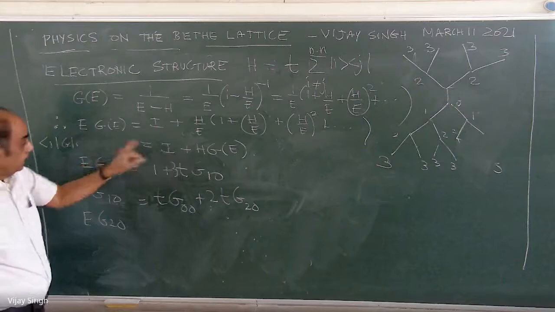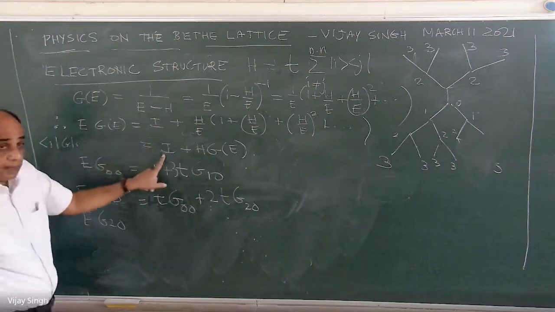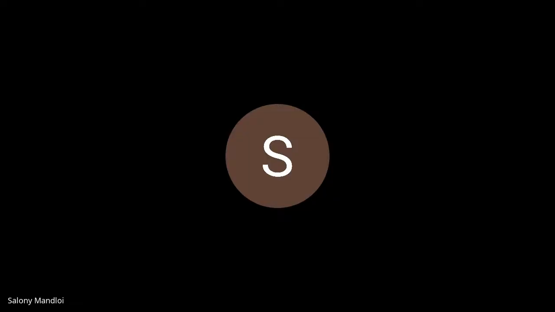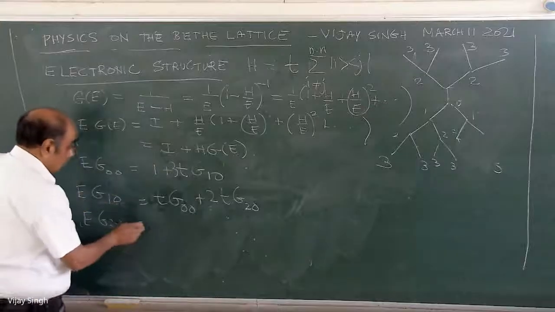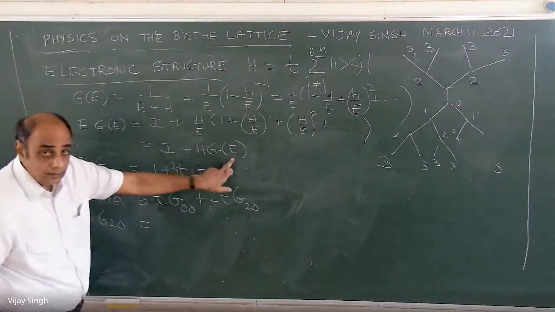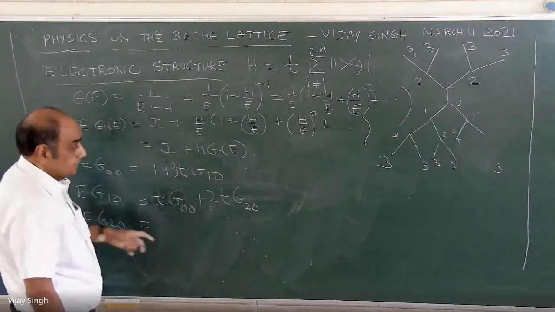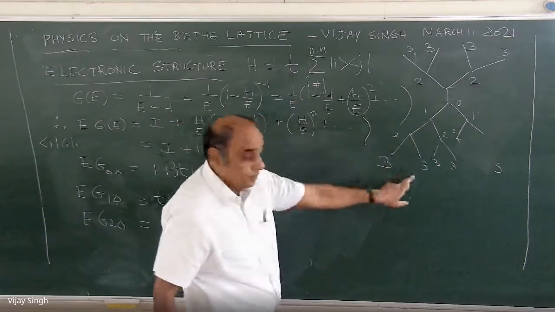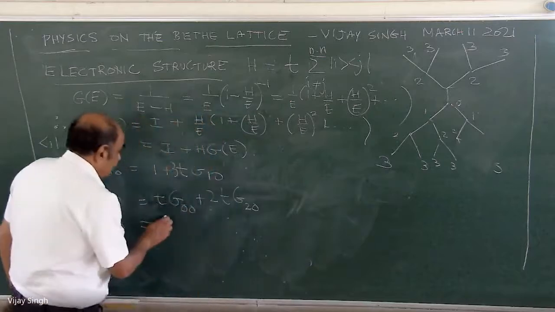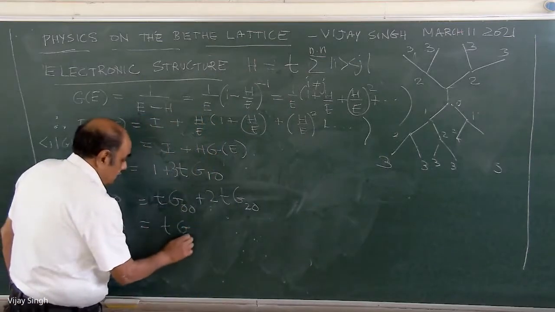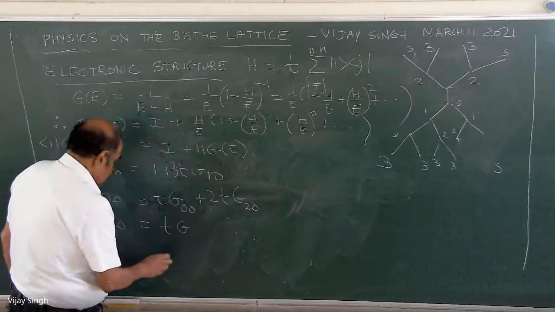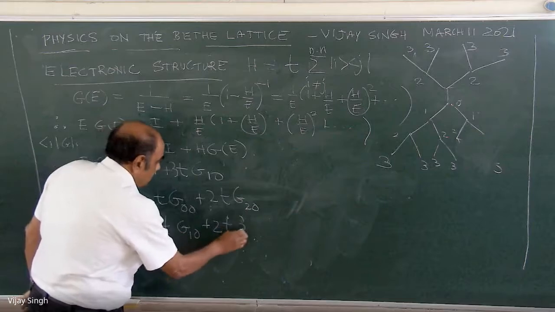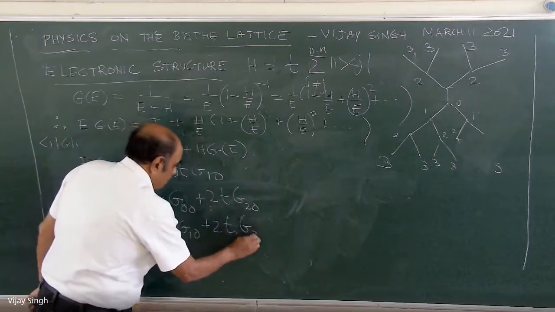I am pointing out it's equation 1. E G 2 0. What will the first term become? Yes, Saloni. What will the first term become? So 0. That is 0. What about the next term? I have to be at 2, no? So there is one which is right here, 1, and there are two of them, which is 3. So I have T G 1 0 plus 2T G 3 0.